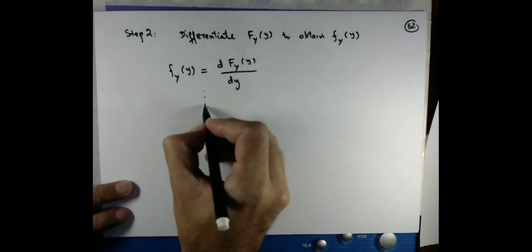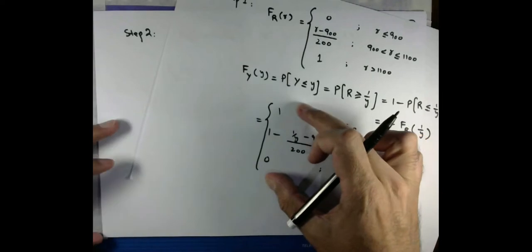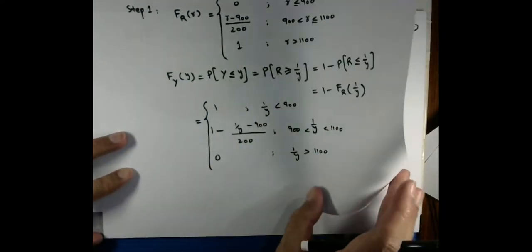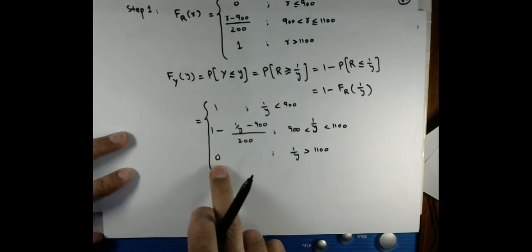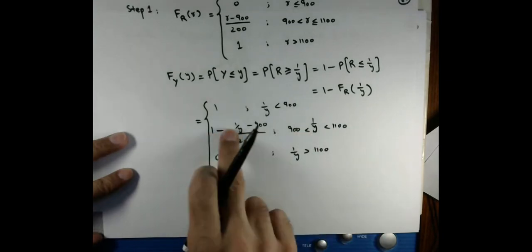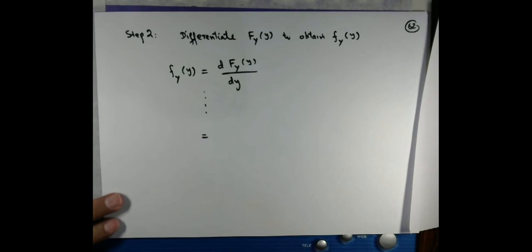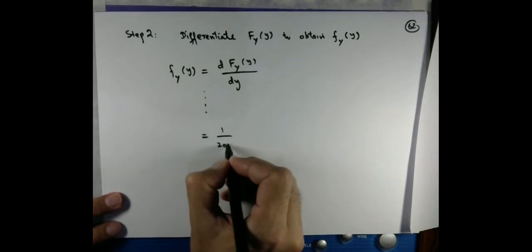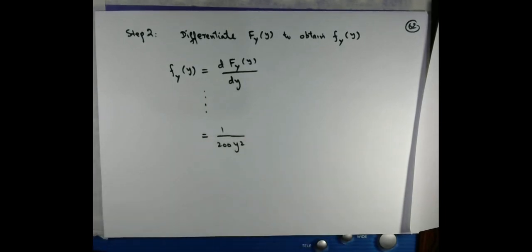So if you differentiate this particular expression here one by one, the derivative here is 0, the derivative here is 0, the only meaningful derivative will be for this particular range, this expression and this range. So the derivative ultimately becomes 1 over 200 y square within a meaningful range.